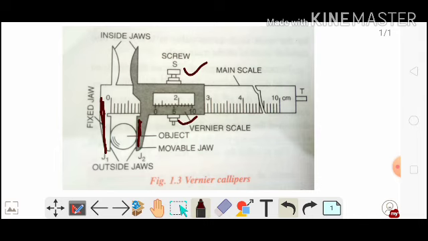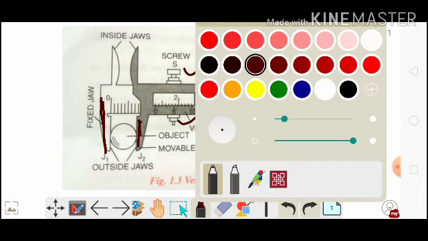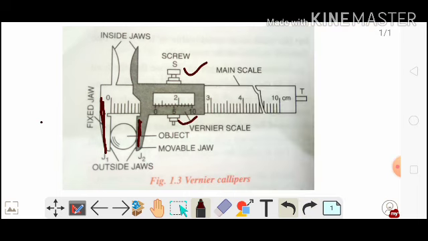You can clearly see that the instrument has two types of scales. This one that I am marking right now is the main scale, that is a regular centimeter scale. Each smallest division is of 1 millimeter, and this is that special type of scale that is fixed on the movable jaw, that is the vernier scale.